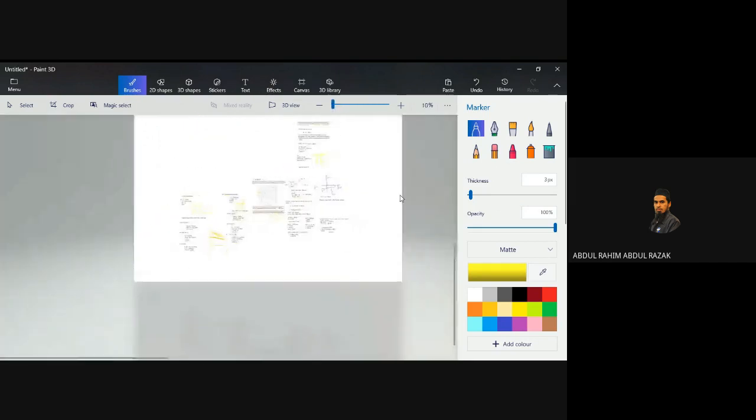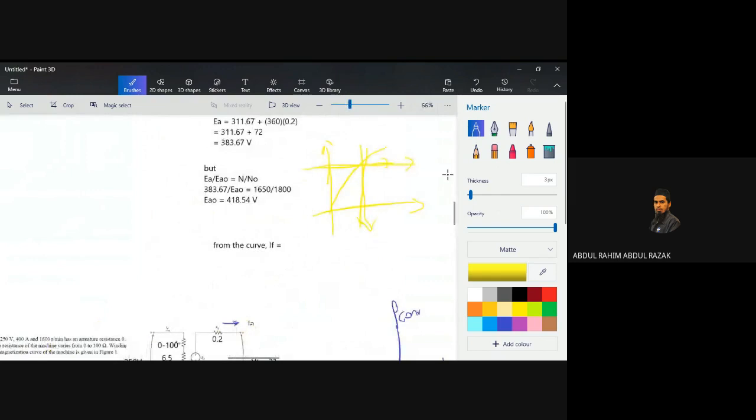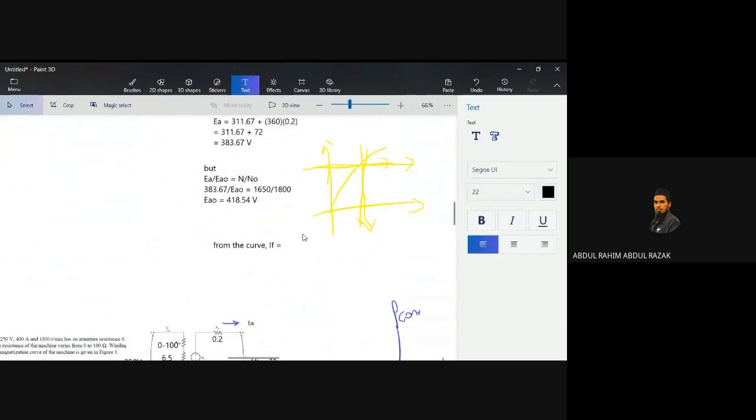So this is your result. From the curve, IF equal to 5.0 ampere. And so IF equal to 5.0 ampere. So IF again is equal to VF over RF total.